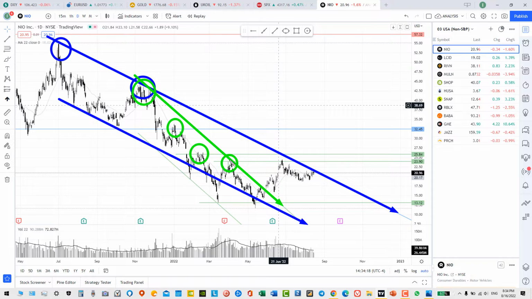This trading range is making up the medium term wave, and we can notice that over the medium term now things change. We do have equal peaks at the same level around $24 and equal bottoms around $13.